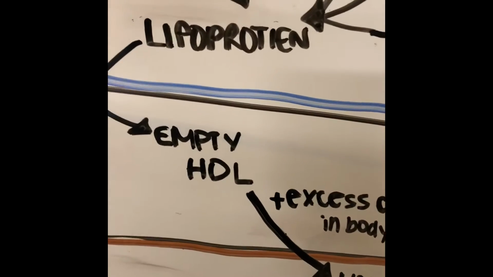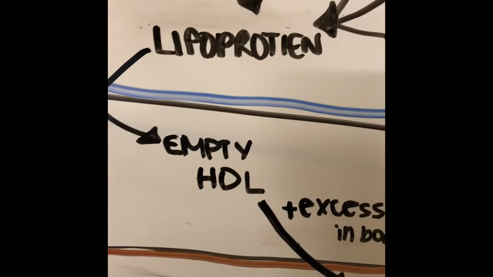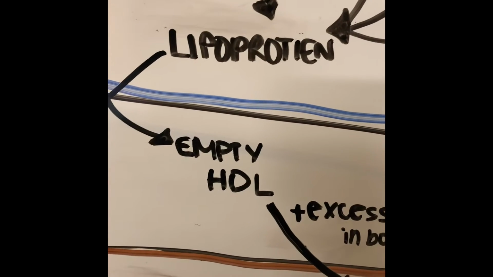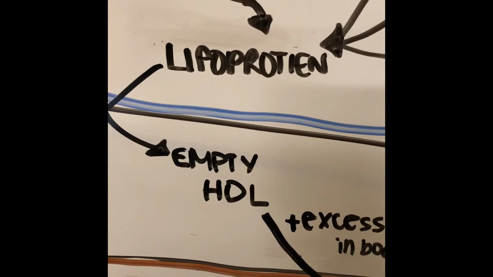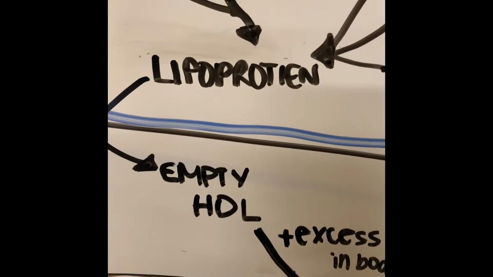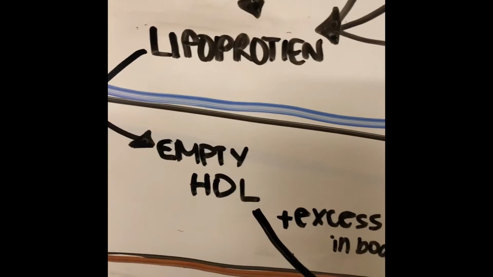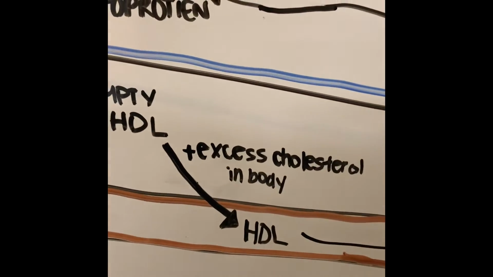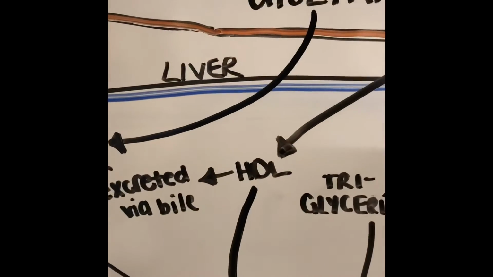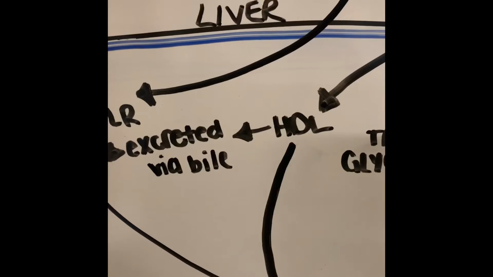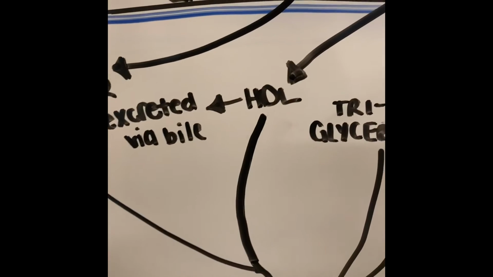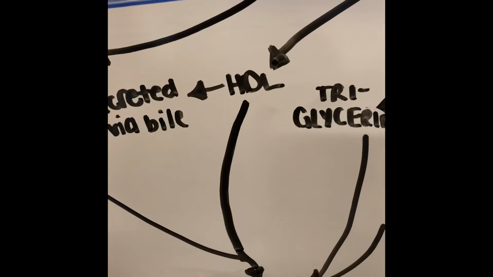HDL is considered to be a good type of lipoprotein because it collects all extra or excess cholesterol throughout the body, and then it hooks onto it, and then it takes it through the blood and all the way back into the liver, where it can be either excreted as bile, or it can be recycled and used as lipoproteins again.